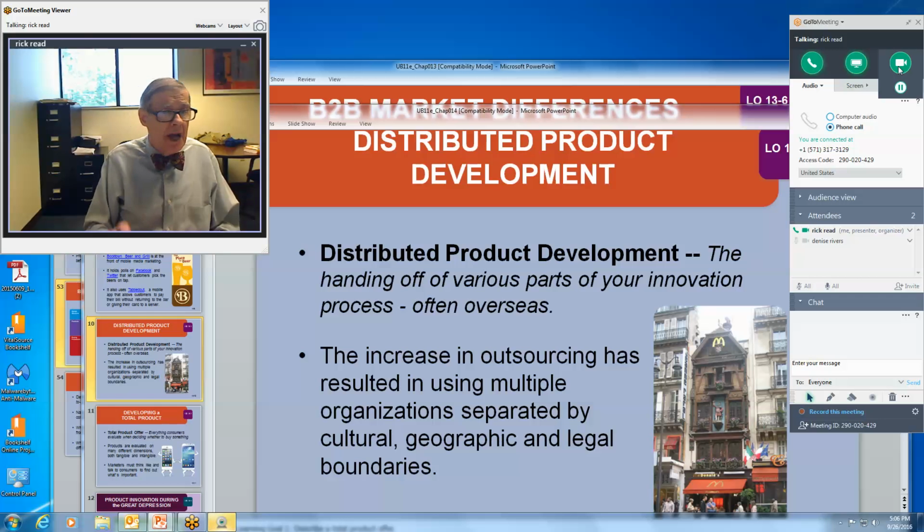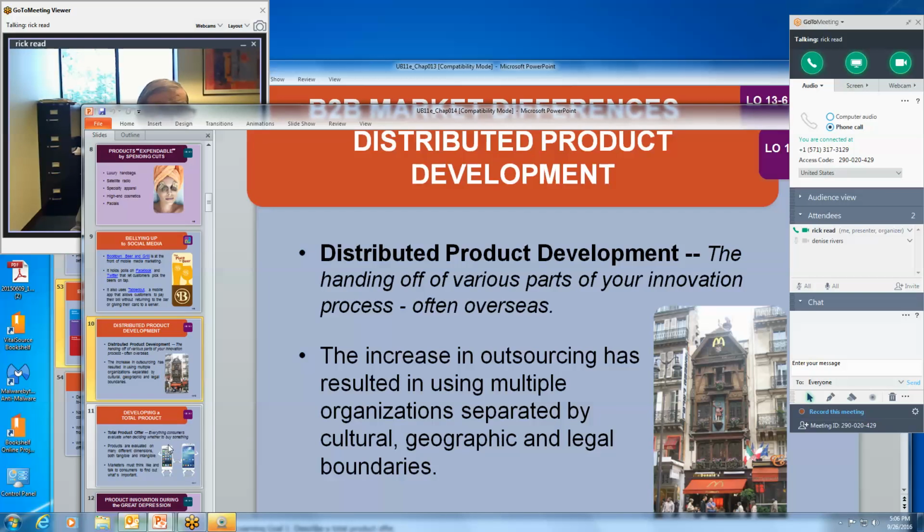But this type of outsourcing is a little bit different here because we're putting an American company, if you will, in a foreign country, operated by foreign people, but it's still American. What we have here is a picture of McDonald's. Whether that falls into outsourcing or not, I'm really not too sure, and I don't think that it does. So I want to stay away from that just a little bit.